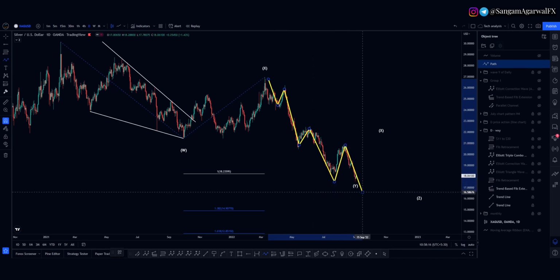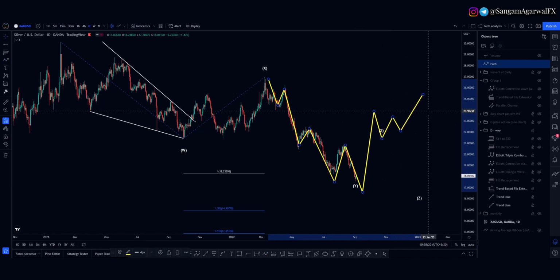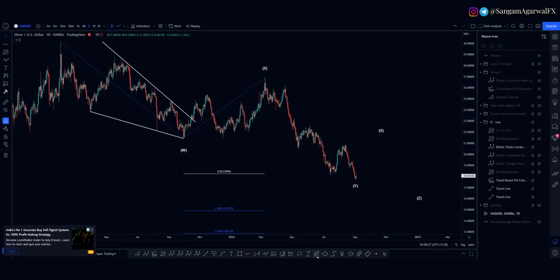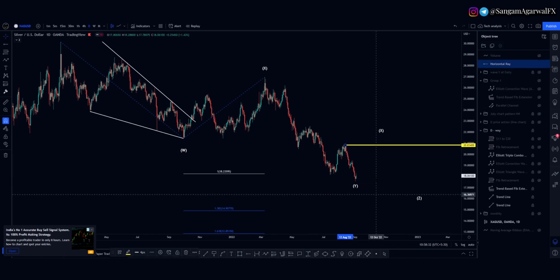It has not made a higher high. Once it make its first higher high when previous resistance break, then that will be first sign that wave Y has been ended.